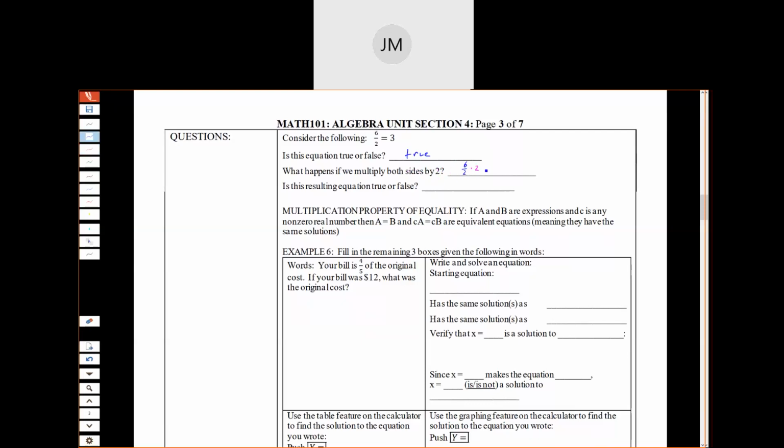On the right we would have 3 times 2. Dividing by 2 and then multiplying by 2 is taking us in a circle. We get back to 6. 3 times 2 is 6. So my resulting equation by multiplying by 2 is 6 equals 6.